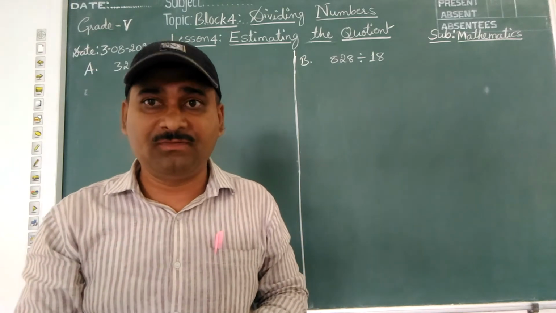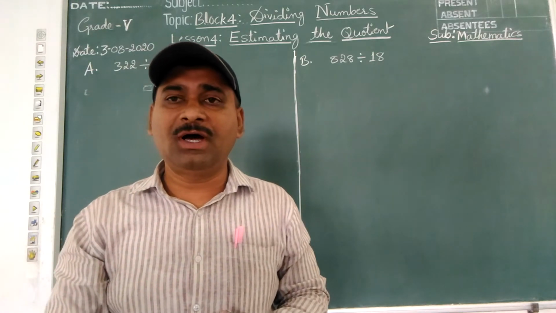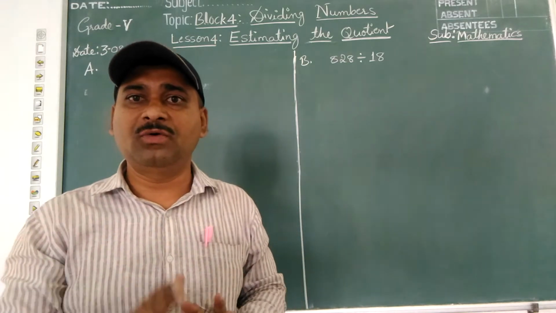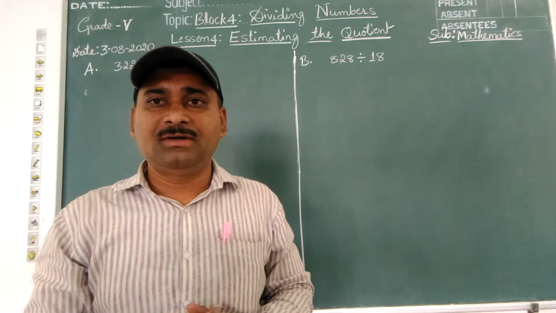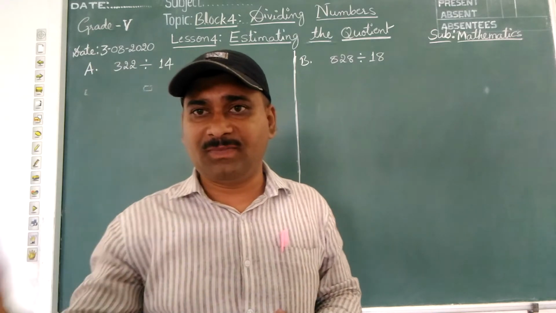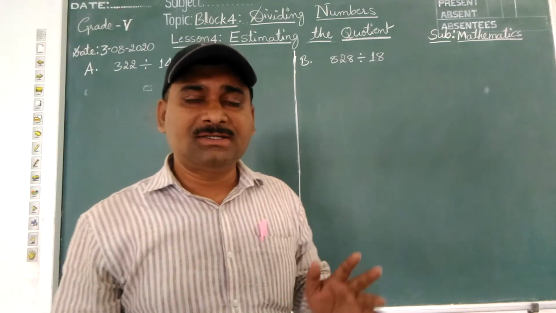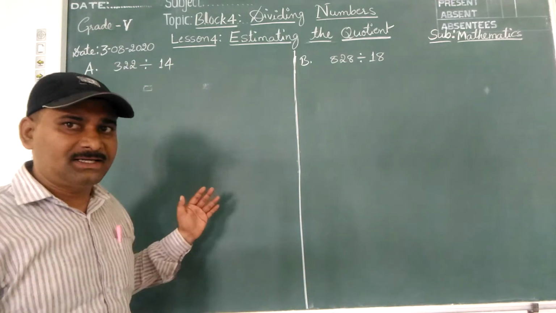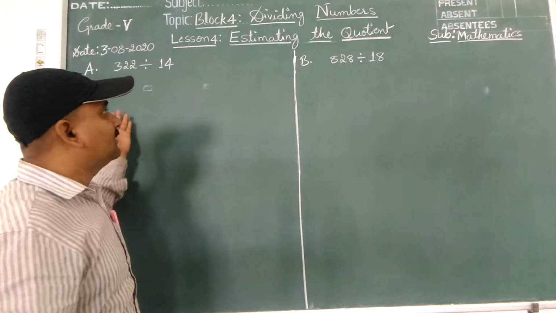You already know very well how to round off, how to write the nearest number to that place. So by recalling all those things, let us start estimating the quotient.